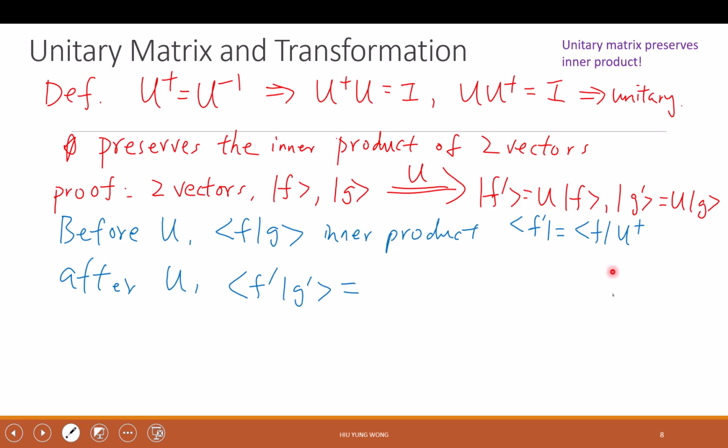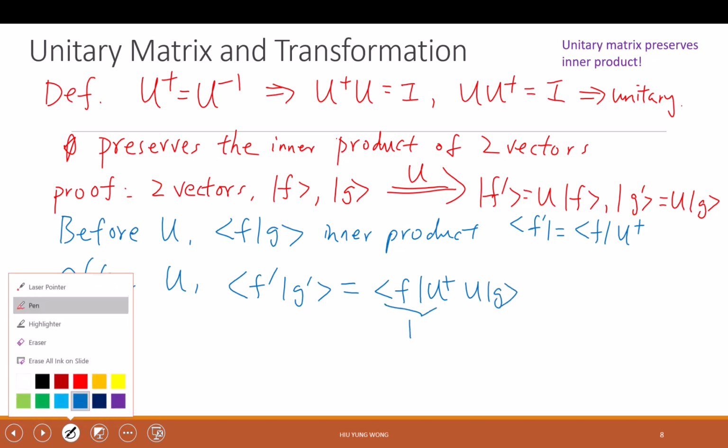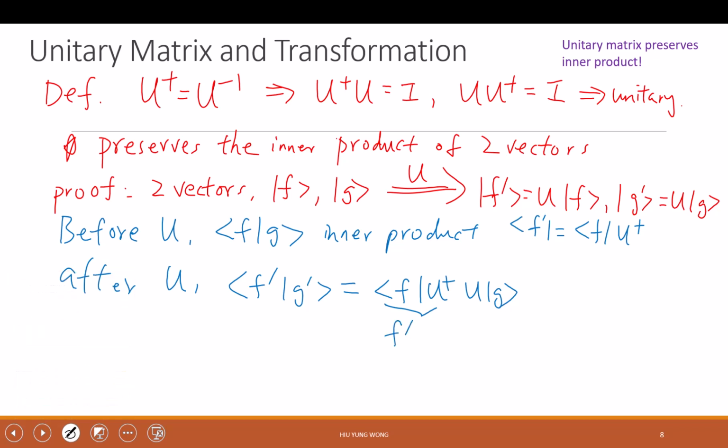So this one you need to remember. Okay, so because of this, what do I have? F dash becomes F U dagger. How about G dash? What is G dash? UG. Right? This is F dash. And this is G dash.